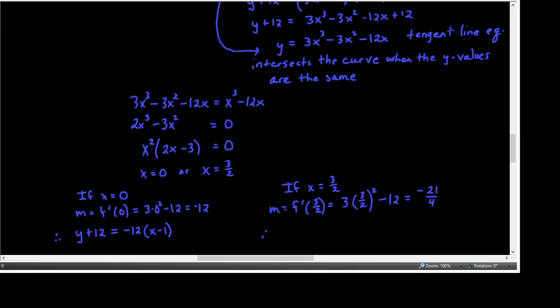And so the equation of that line will be y plus 12 is equal to negative 21/4 times x minus 1. And that's the two equations of the two tangent lines to that curve that pass through the point not on the curve that's at 1, negative 12.